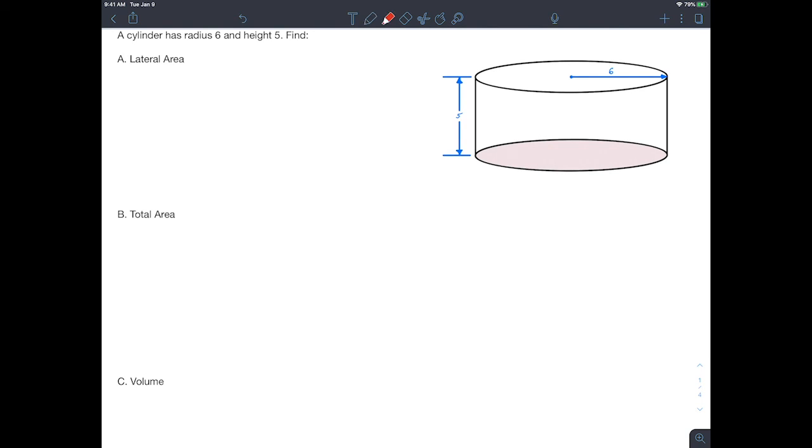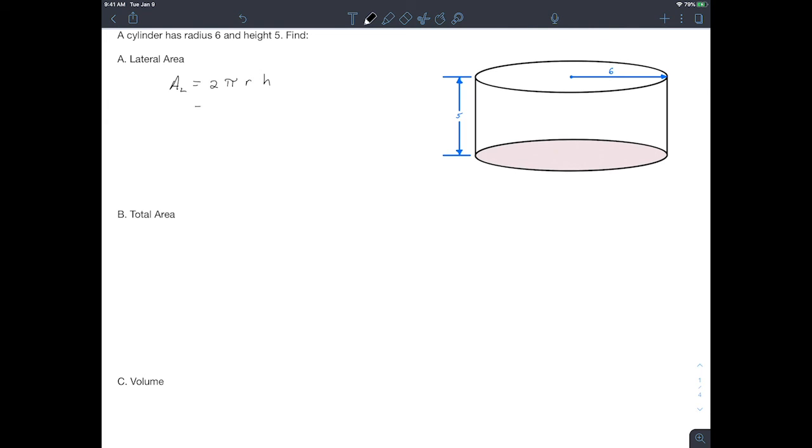So basically it's this area here. Now the formula for the lateral area of a cylinder is 2 pi times the radius times the height, 2 pi RH.